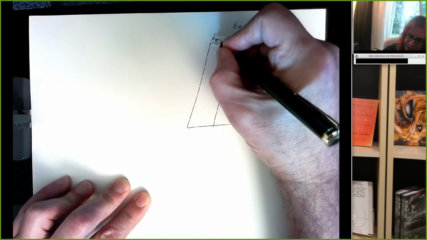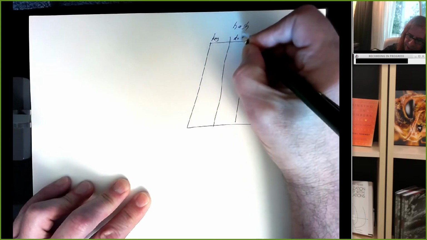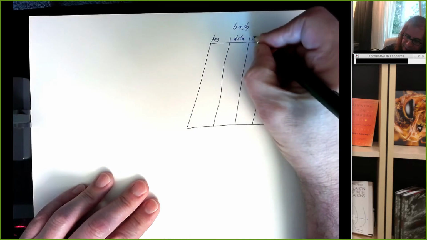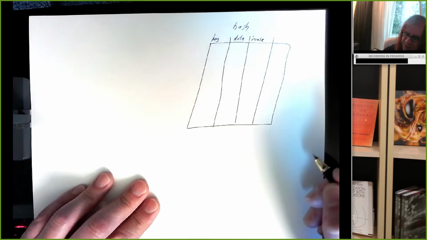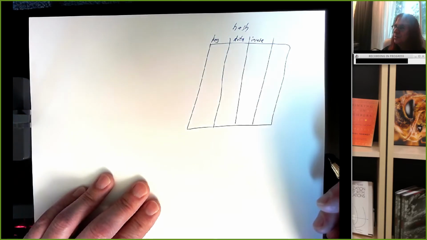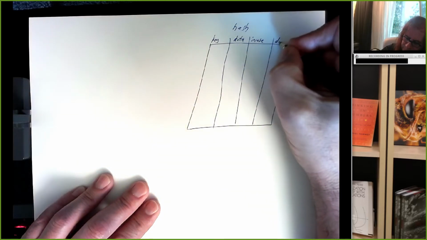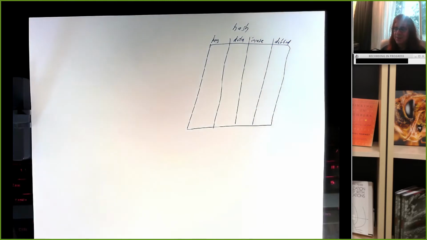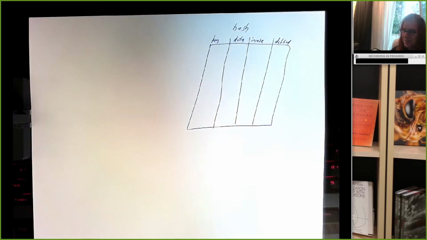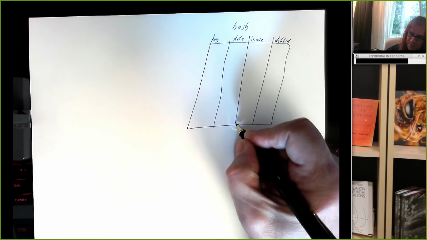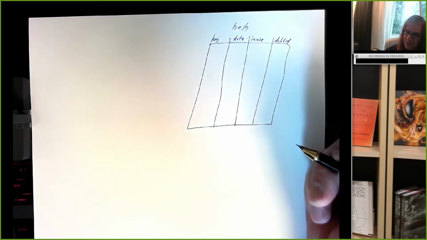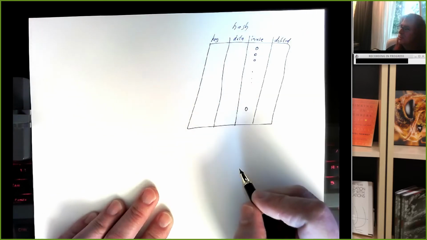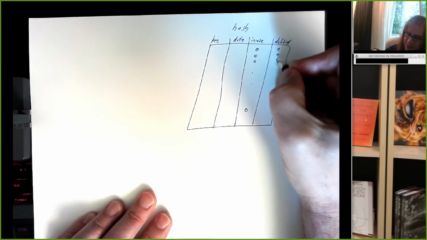So we're going to have a key and a data, and the data is associated with the key, and then something which says, is this element of the array in use? And then something which says, have we deleted this element from the hash? And we're going to initialize the in-use entries to all be 0 and the deleted entries to all be 0.